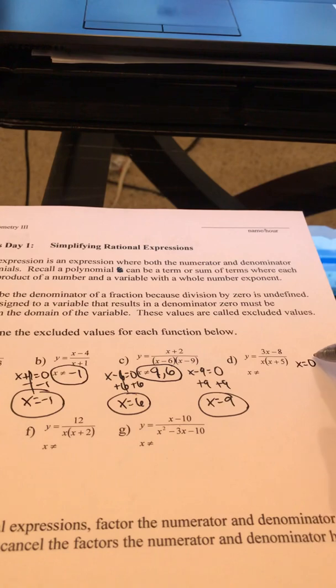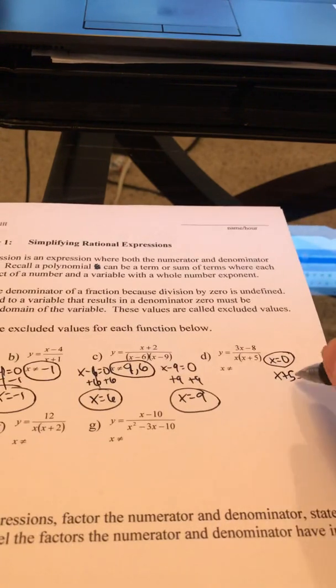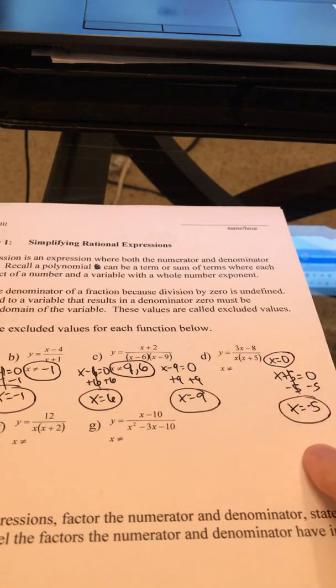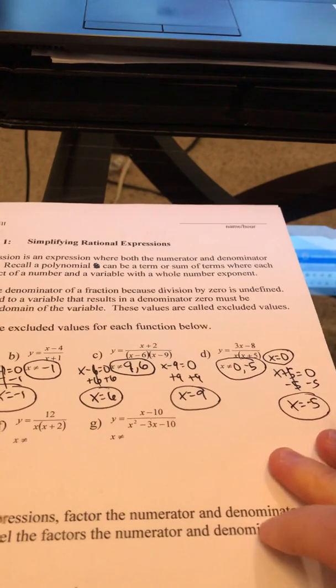Since there's nothing to solve, there is your first one. The next one, we take x plus 5, set it equal to 0. For the plus 5, I am going to subtract. So the other excluded value is negative 5. So x cannot equal 0 or negative 5.